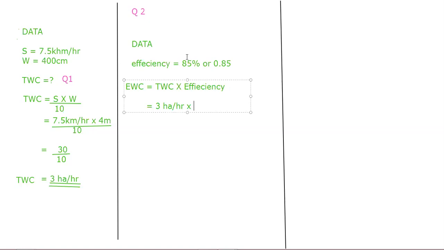When you put it in decimals, 85 over 100, it will give you 0.85.